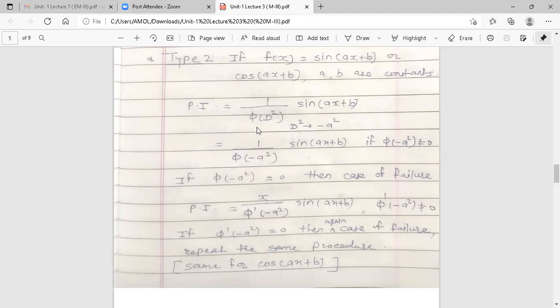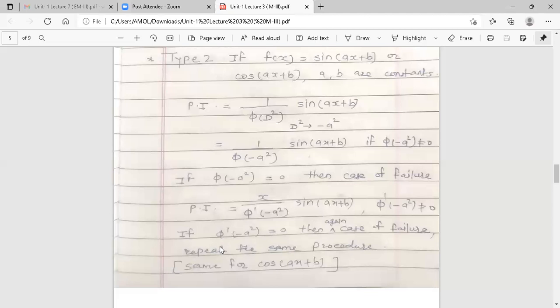After finding the derivative, you replace the terms of D square again by minus a square into sine of (ax plus b). Again, the condition is that phi dash of minus a square must be non-zero. If phi dash of minus a square is equal to 0, then again it is the case of failure, and then you repeat the same procedure.